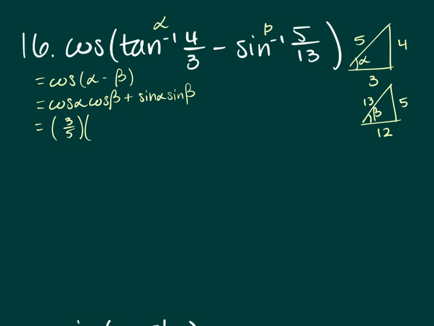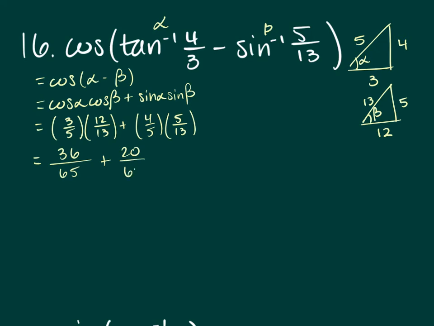Cosine of beta is adjacent over hypotenuse, so that's 12 over 13. Plus sine of alpha is 4/5. And sine of beta is 5/13. So this will then simplify to 36 over 65 plus 20 over 65. So this will be 56 over 65.